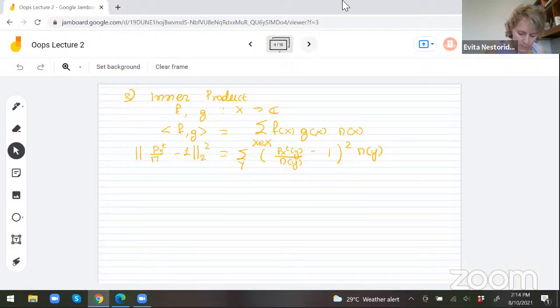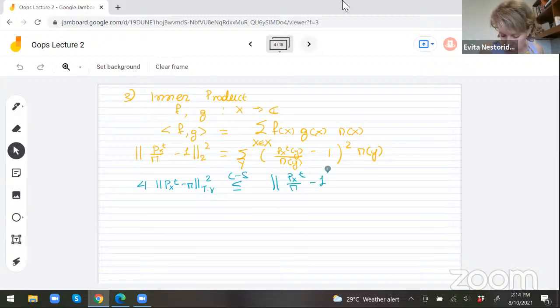Meaning, play a little bit to see that 4 times the total variation distance squared, which is basically the L1 norm, play with it and do Cauchy-Schwarz to get that this is less than this L2 norm that I wrote. It's a nice exercise. Get your hands on this type of computation.